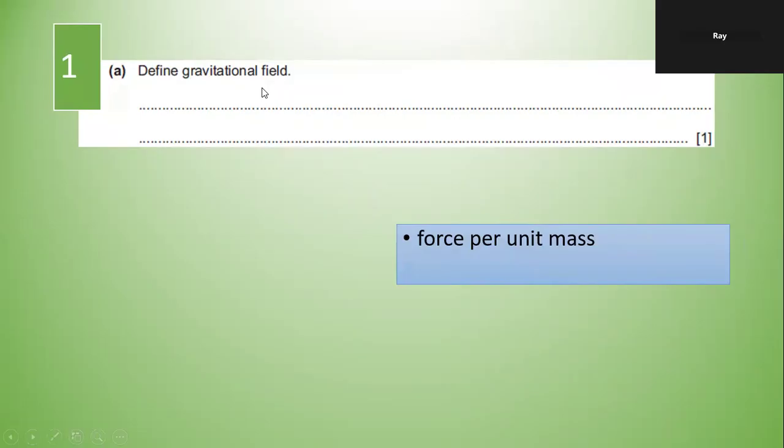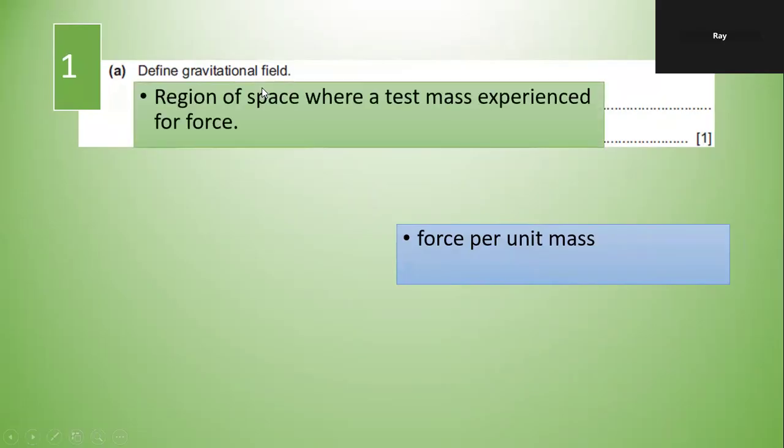Define gravitational field. Usually that is the answer. But now the examiner put the answer as force per unit mass. The marking scheme that most of us are using is most of the time reliable, but I've observed that for previous years there are some mistakes.